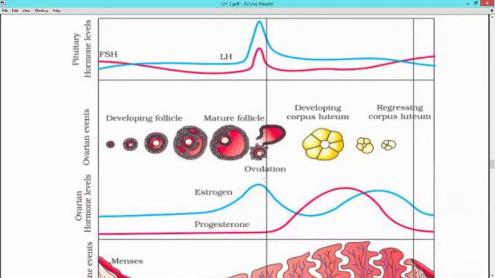Once the ovum is released, whatever leftover of the Graafian follicle is there gets converted into corpus luteum, and this corpus luteum slowly and gradually degenerates. So these are the ovarian events, all the events taking place inside the ovary.